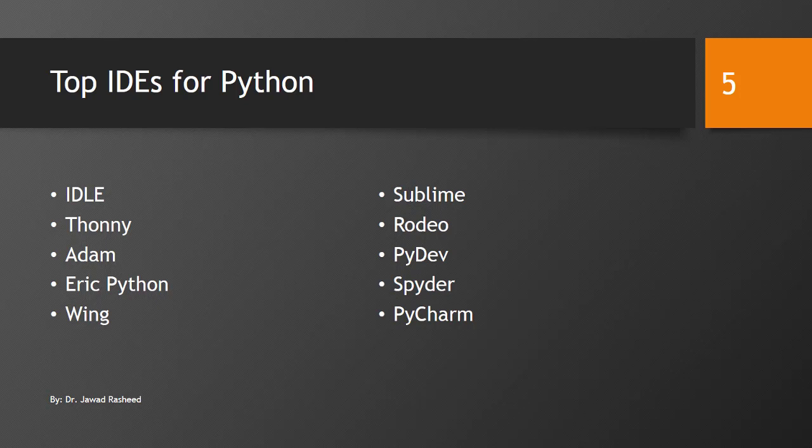Its name is presumed to be in honor of Eric Idle, who is one of the founding members of Monty Python. This IDE is considered to be extremely suitable for the education industry due to its simplicity.